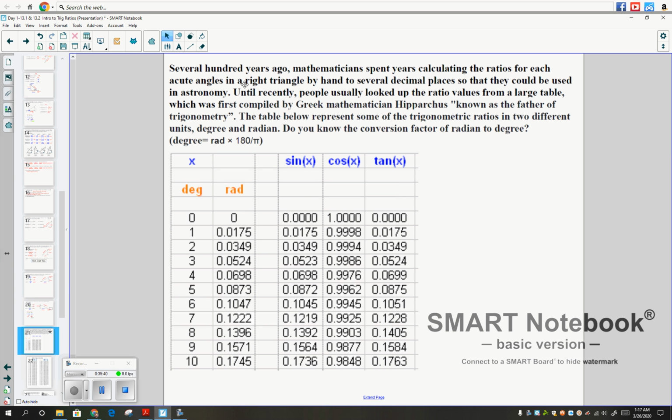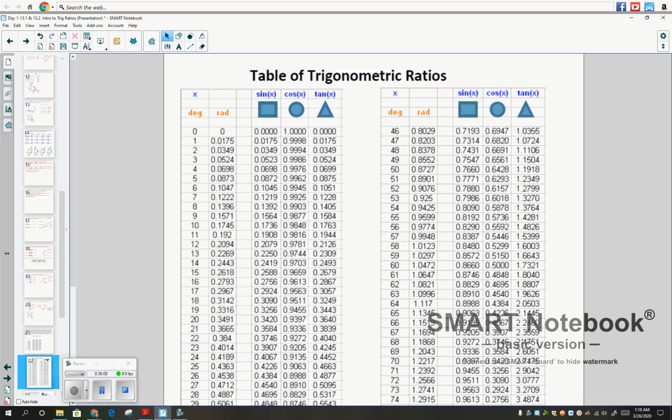The table below represents some of the trigonometry ratios in two different units, degrees and radians. In geometry, we're only going to focus on degrees. When you get to advanced algebra, you'll talk about radians and the conversion between the two. But we are not going to talk anything whatsoever about radians here in geometry. If you do want, there's an entire table here.